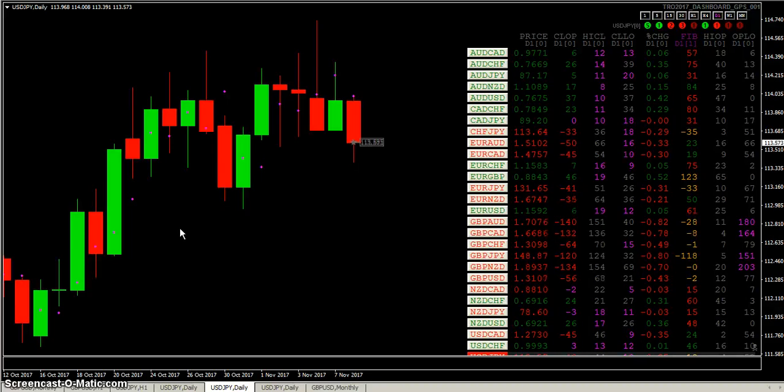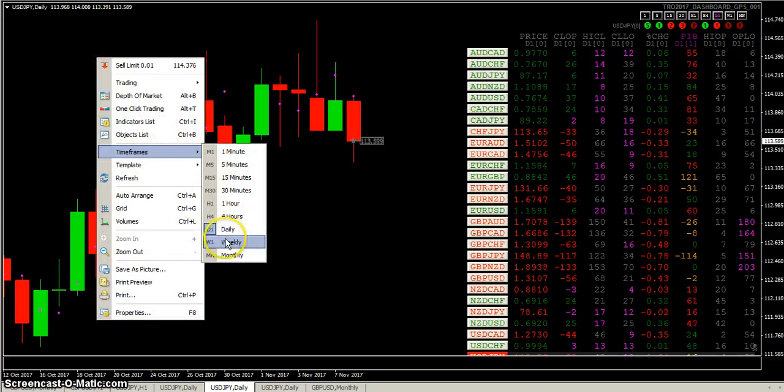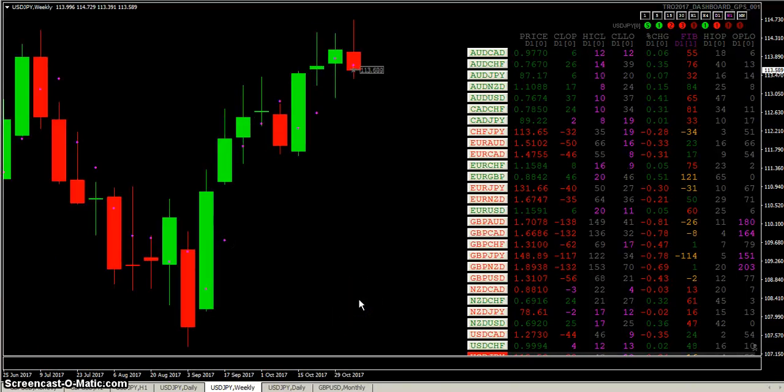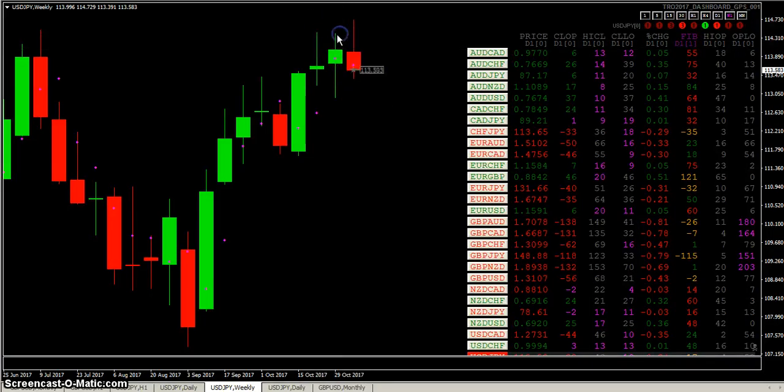So for example, I think at the beginning of the week we looked at the weeklies, and I believe, if I remember correctly, we were doing the dollar yen. And what happened was, at that time on Sunday, price had exited the previous upper wick for that week right there.